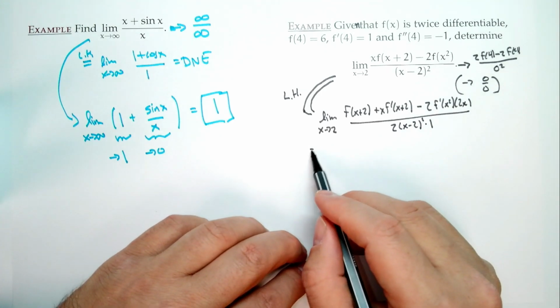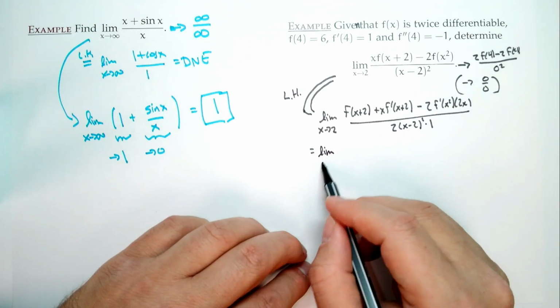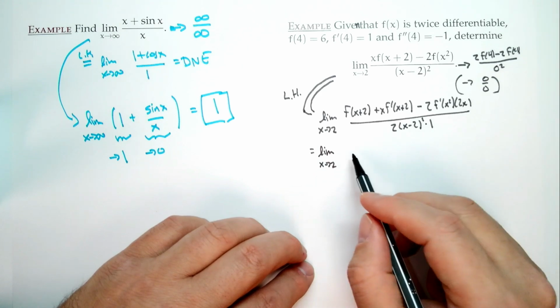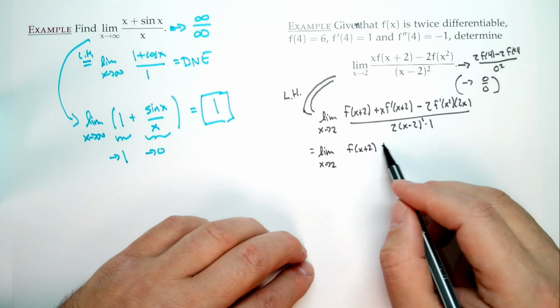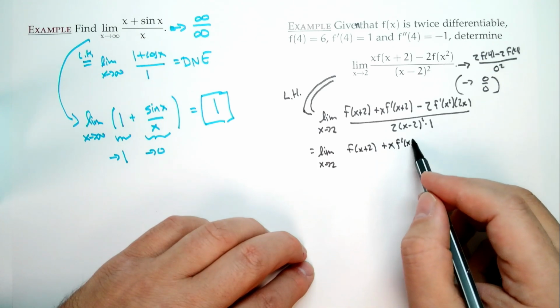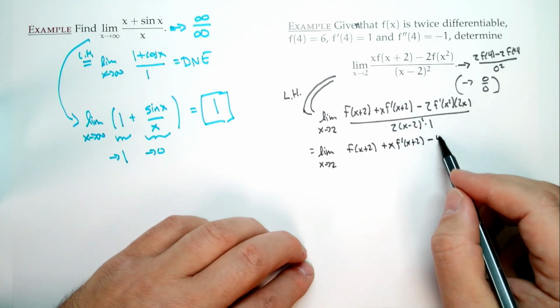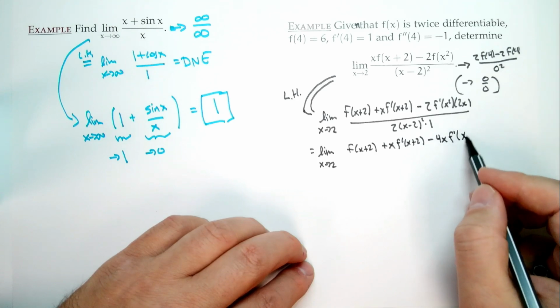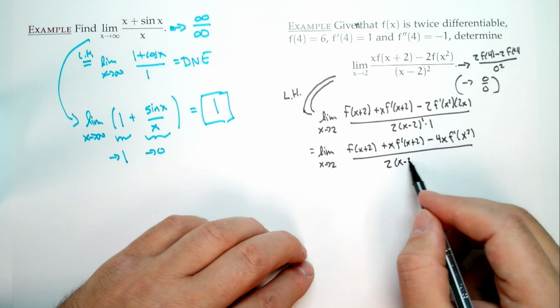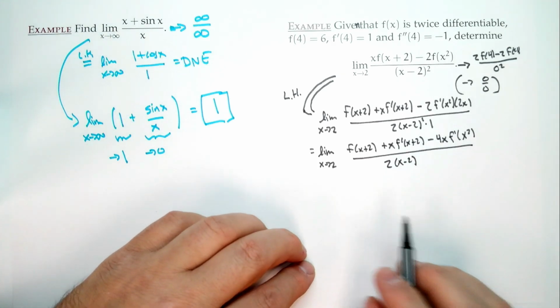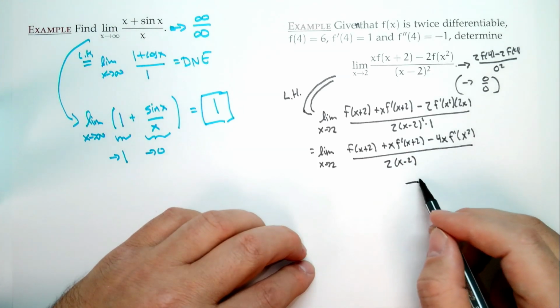Now we can clean this up just a little bit before we keep going. Limit as x goes to 2, we're going to get f of x plus 2 plus x f prime of x plus 2 minus 4x f prime of x squared all over 2 times x minus 2. Now what does this go to? Well, let's see.